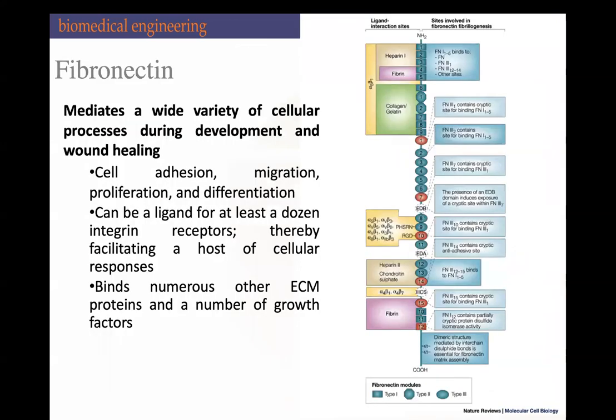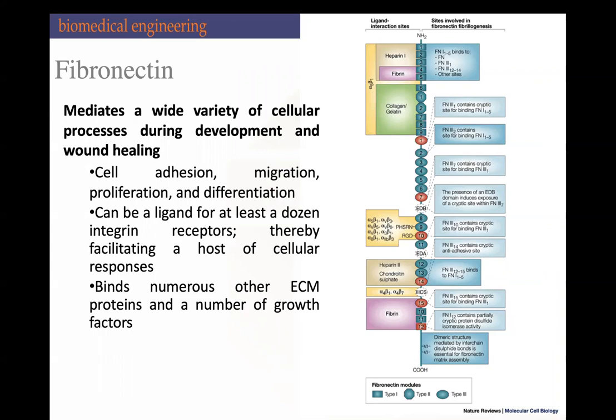And so if we look across the entire segment of a single fibronectin molecule, there are a few different types of fibronectin present. The rectangular regions, moving from the N terminus down to the C terminus, we call fibronectin type 1.